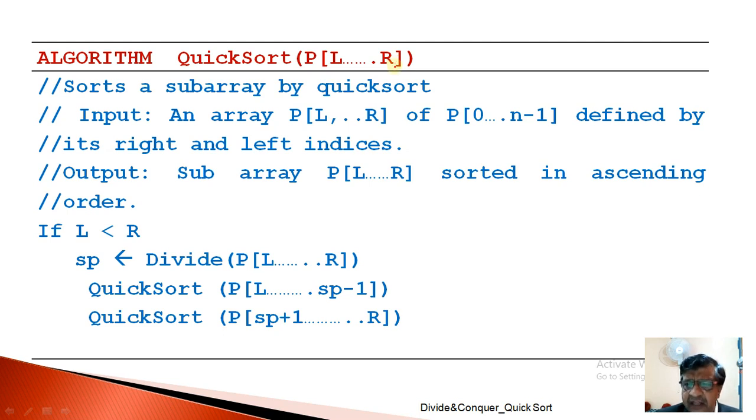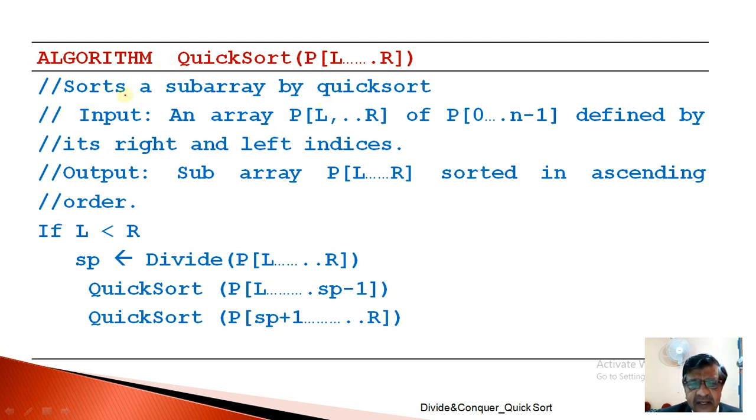It is only in the first iteration that the array is not partitioned. So after partitioning, we will find several segments of the unsorted array. Therefore, it is prudent to name the first position L and the last position R, the left extremity and right extremity of the subarray.